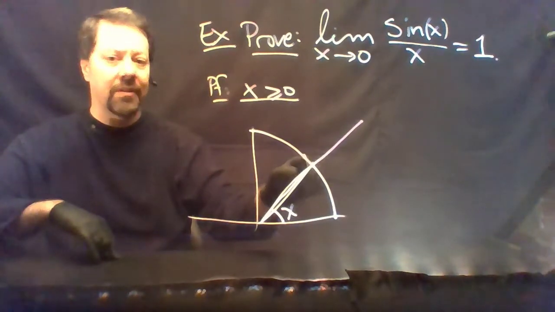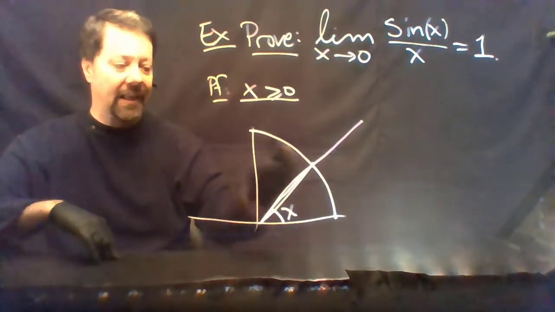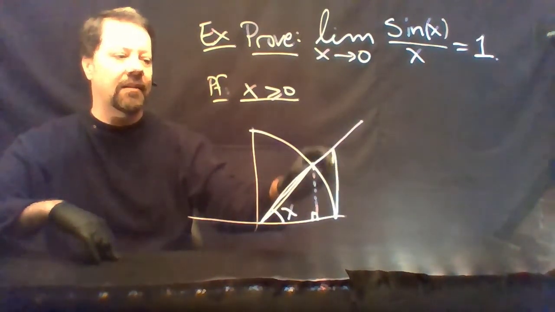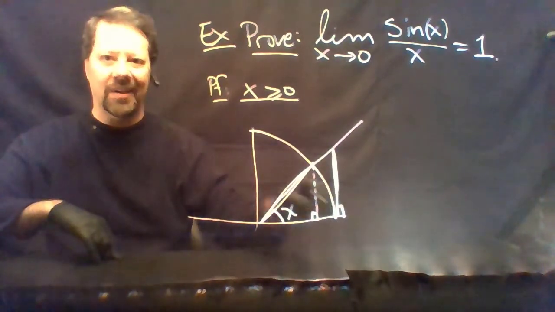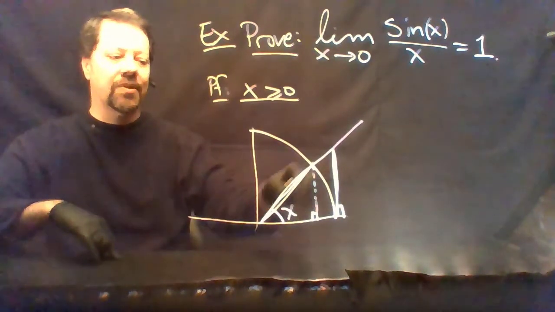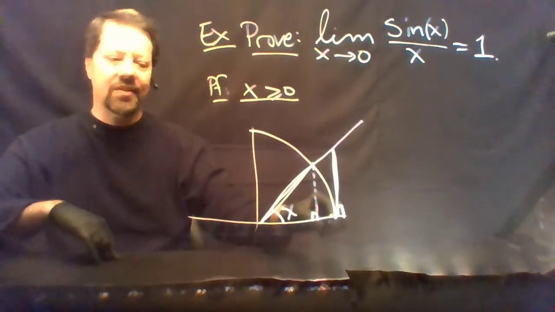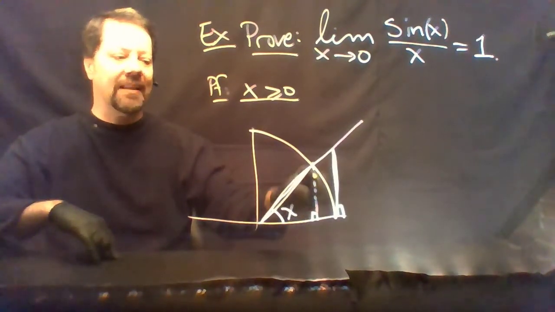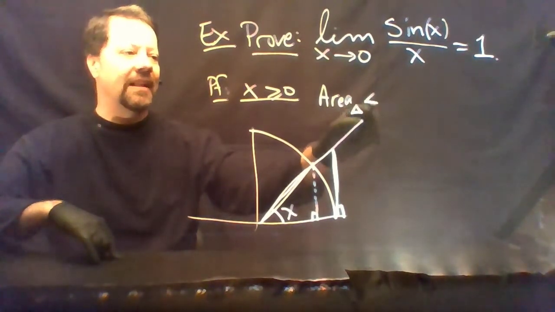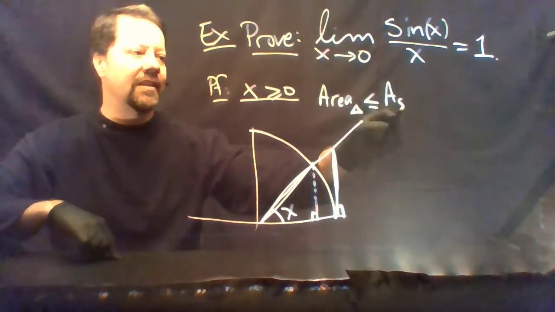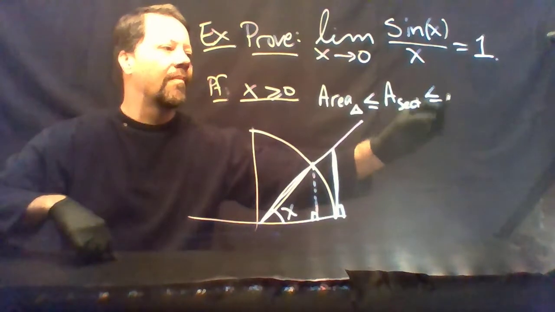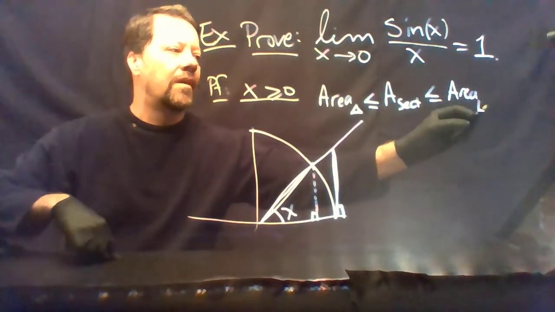We're going to deal with a sector of a circle and a right triangle and another right triangle. Now you can see from the image, because this small triangle is a subset of the sector of the circle, that its area will be less than or equal to the area of the sector, and that will be less than or equal to the area of the large triangle.